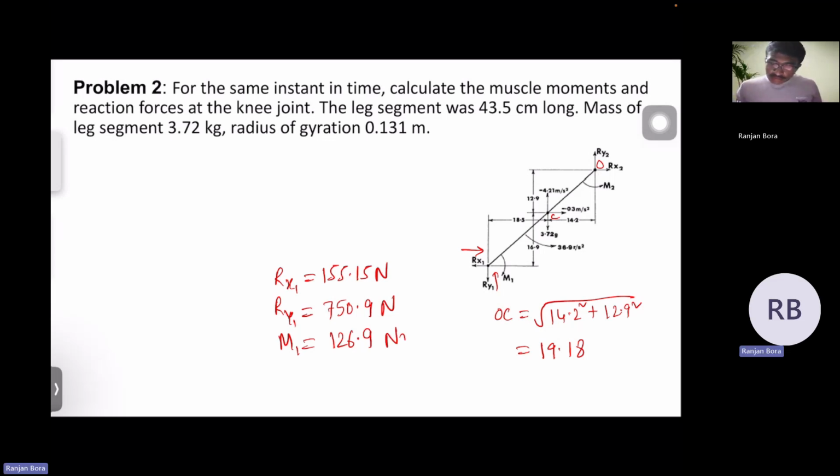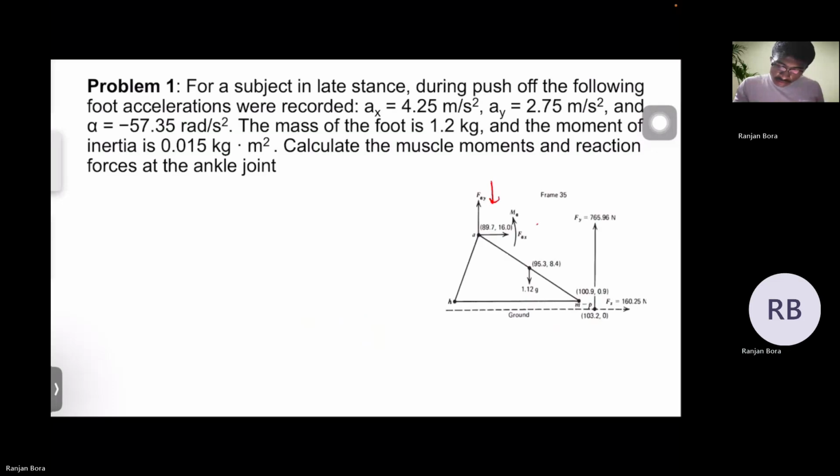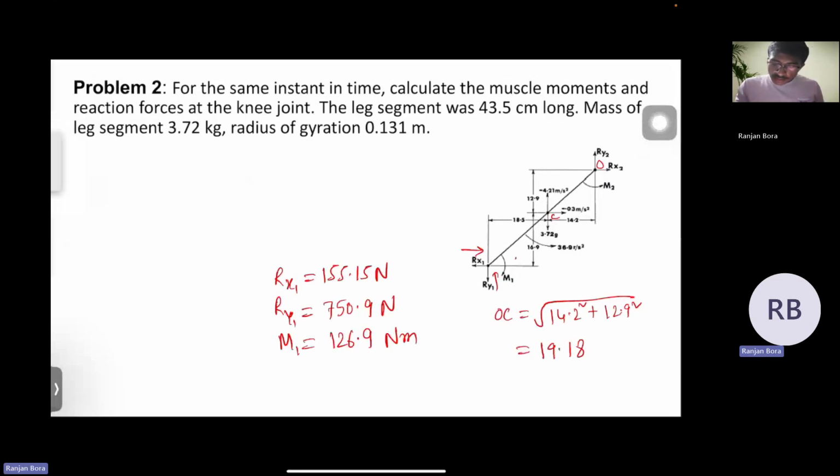And these directions were, here in this problem, we found these directions were in these directions. So in the knee joint problem, these directions are in the positive x direction, positive y direction, and in the anti-clockwise direction.